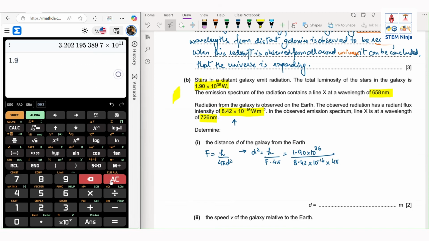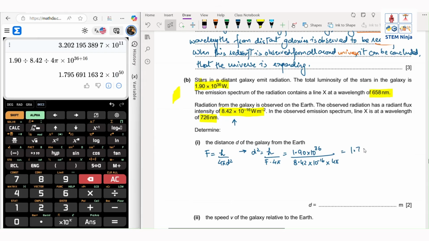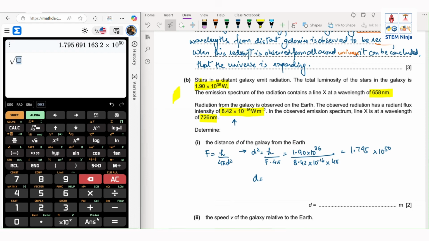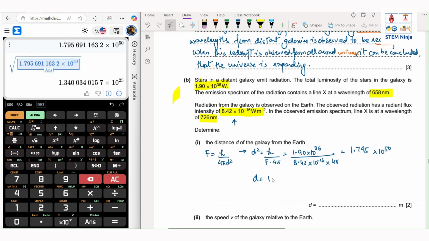So 1.90 divided by 8.42 divided by 4 pi, times, now the powers of 10, 36 plus 16, we get 1.795 times 10 to the power 50. So therefore d will be the square root of this value. It's 1.34 times 10 to the power 25.